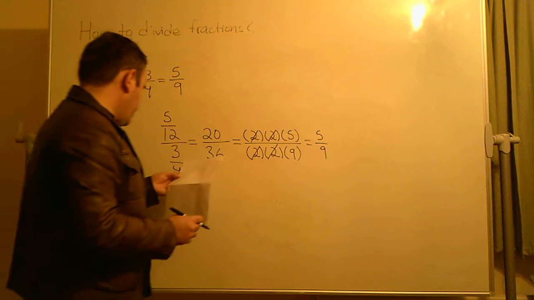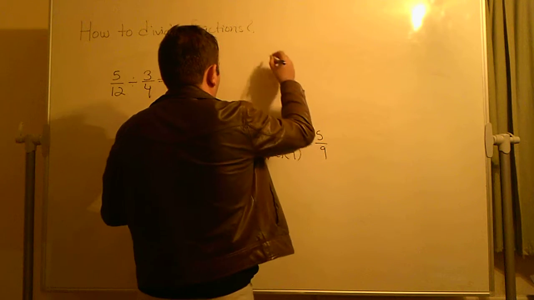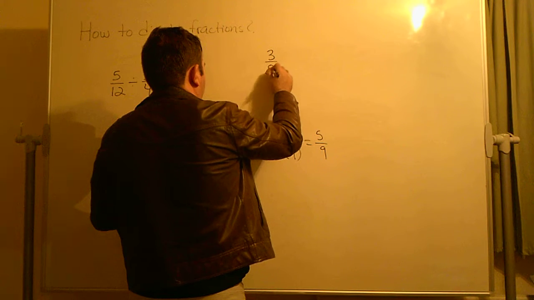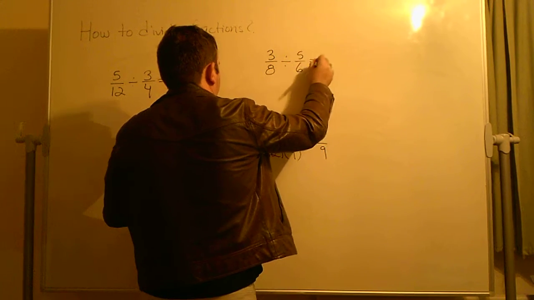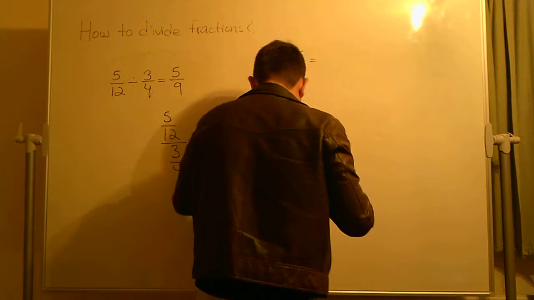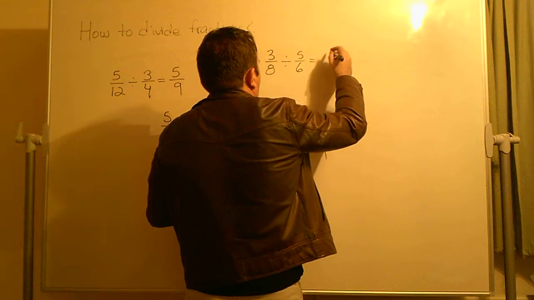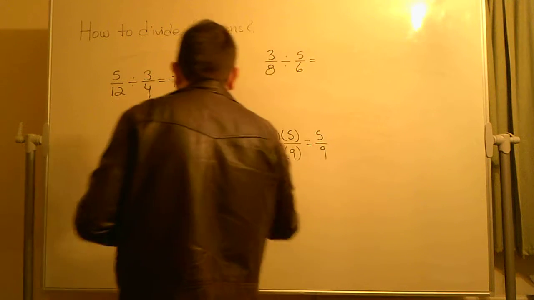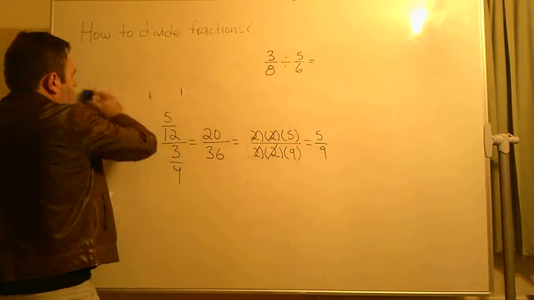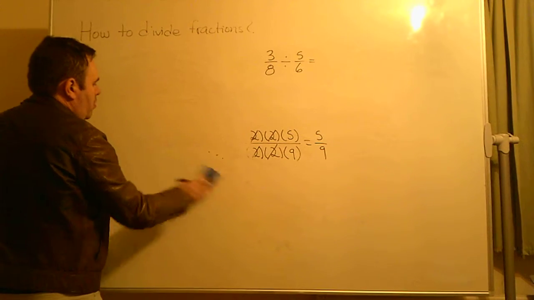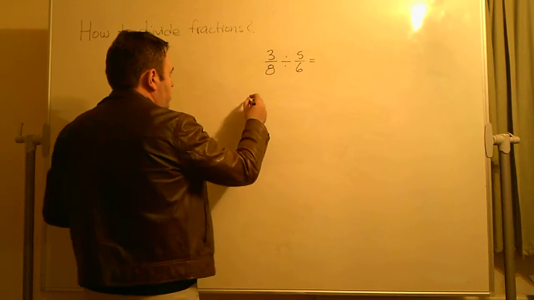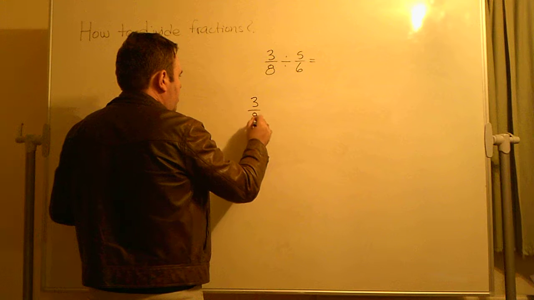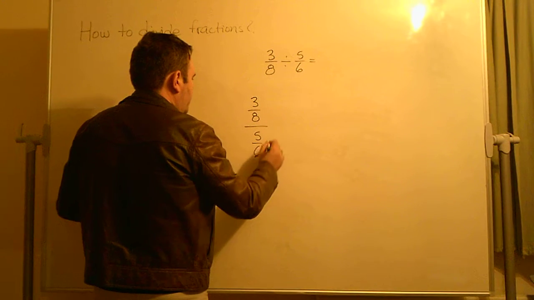Okay, let's try another example. What about 3/8 divided by 5/6? Well, what we need to do is write down 3/8 divided by 5/6.